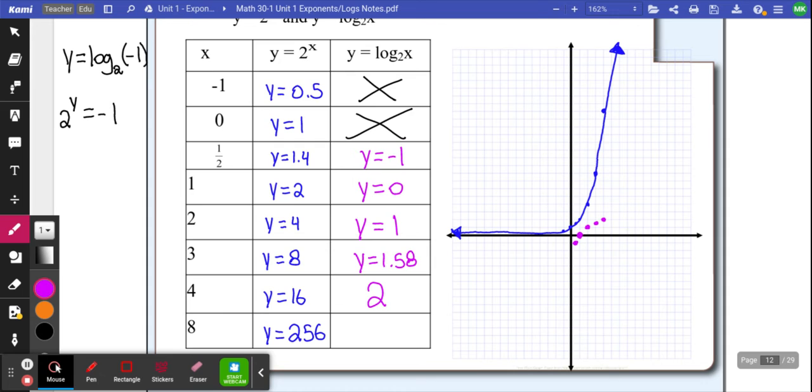And our last one, we actually will be able to put this on there, I believe. So log 8 divided by log 2 is 3. You get that. You can see a bit of our trend that we're creating here.